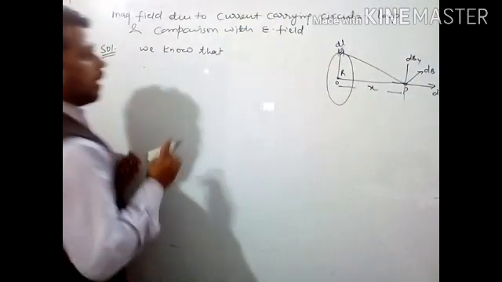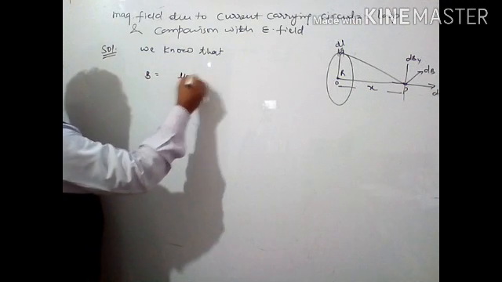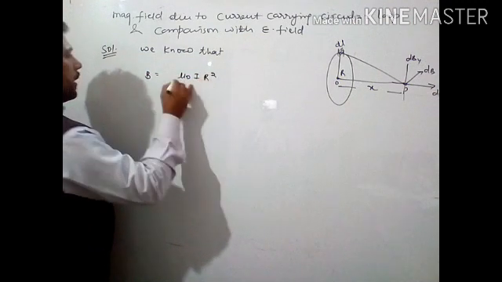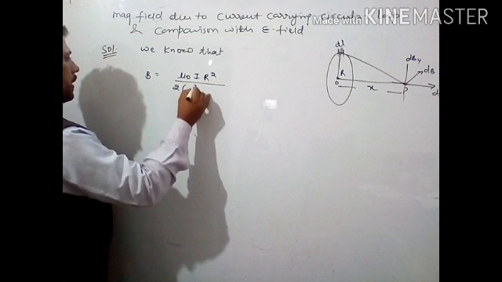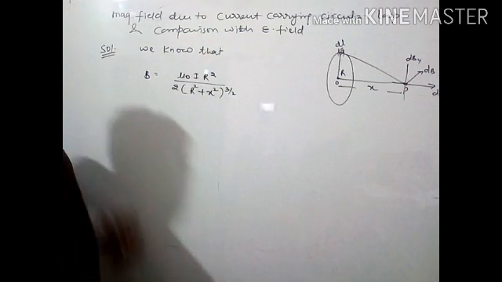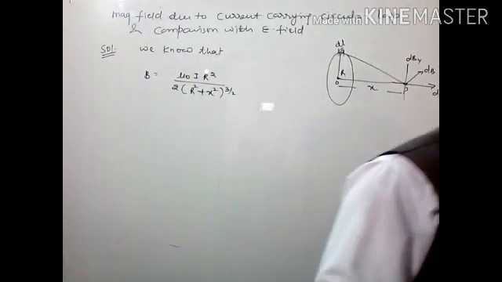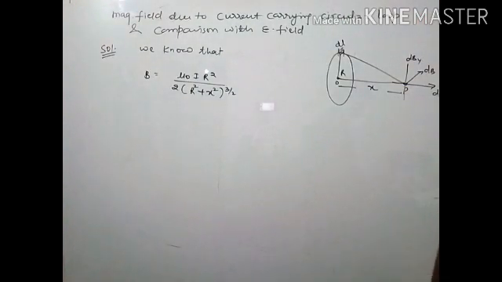So dB, or the magnetic field, is equal to mu naught I r square upon 2 into (r square plus x square) power 3 by 2. Okay, and if the number of turns is capital N, we can multiply it by the number of turns.